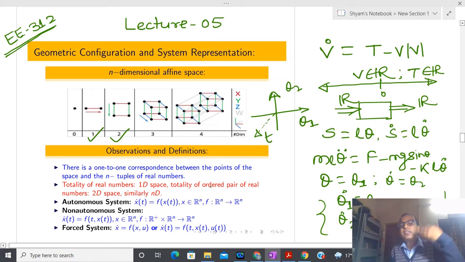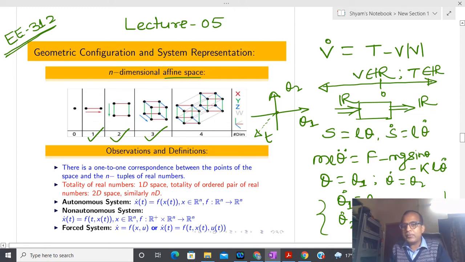If you consider the case of the rocket, we have seen that I have a three-dimensional system. Similarly, I can now generalize this to any dimension: 4 dimension, 5 dimension and n dimension. You can see here that I have used a word called affine space. I have some kind of a space.